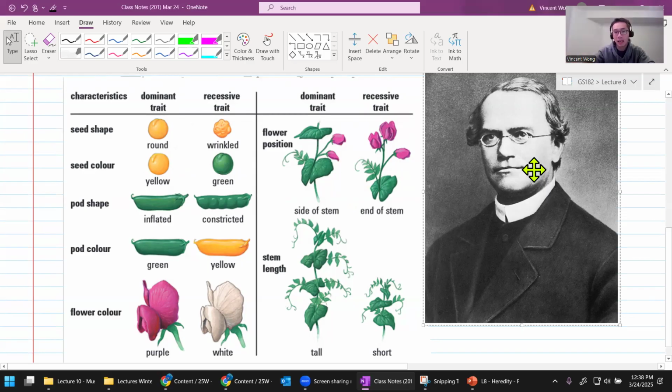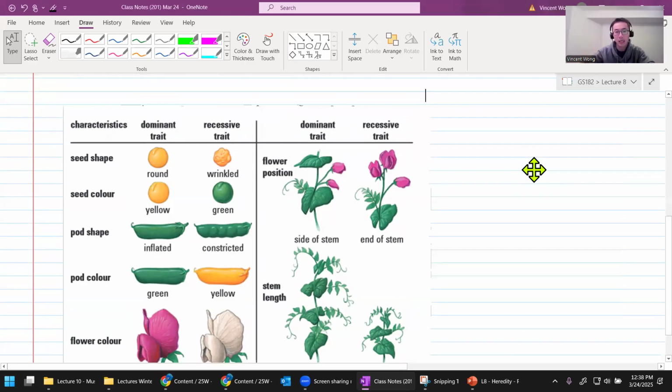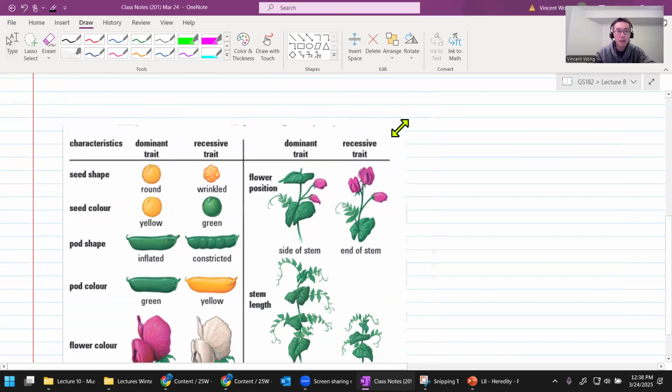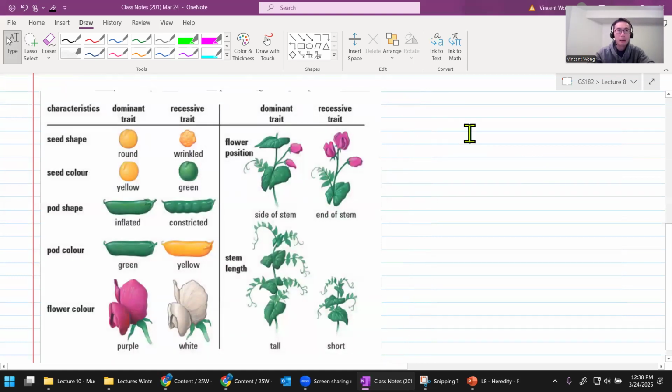So this guy Mendel, he experimented with pea plants a lot to try to understand the principles of inheritance. He is the one who figured out that certain traits are dominant and certain traits are recessive, and only some of the features can be passed on to the next generation.